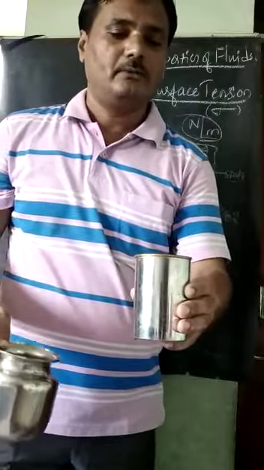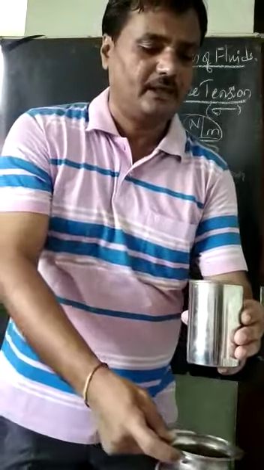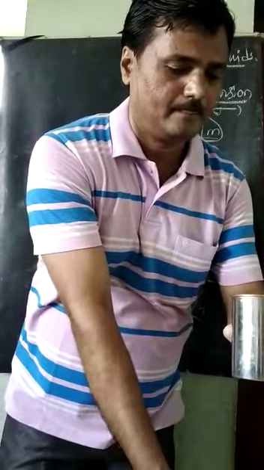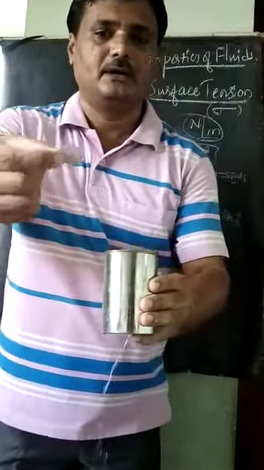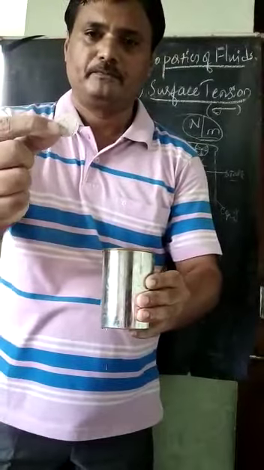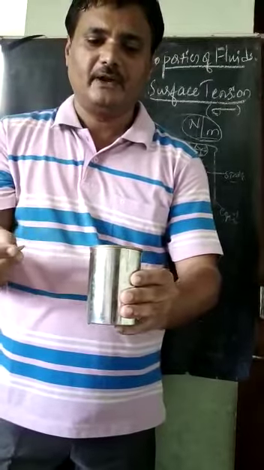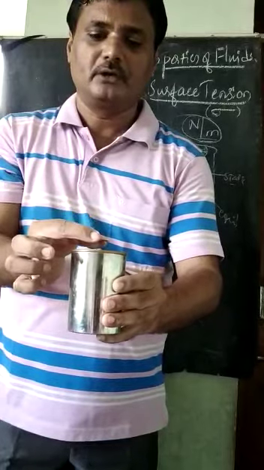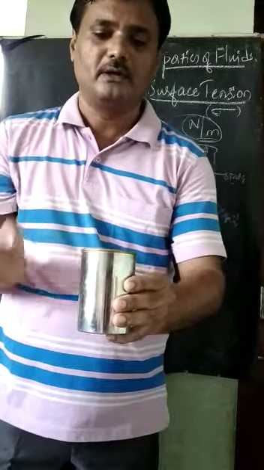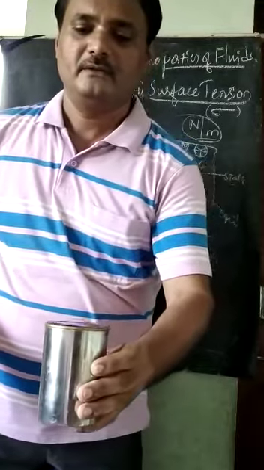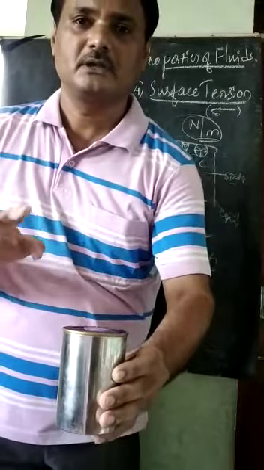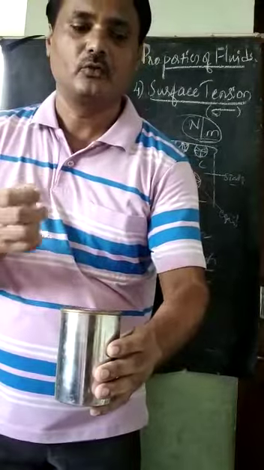Now what I will do here is, if I keep the plane horizontally on this, it will float, that surface will hold it. You can see it is holding, that is the surface tension, that layer is holding it.